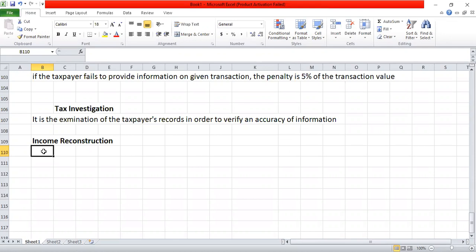When we say income reconstruction, it is about determining the taxable income and the tax payable of the taxpayer where a taxpayer does not have a full set of accounting records. That's what we call income reconstruction.